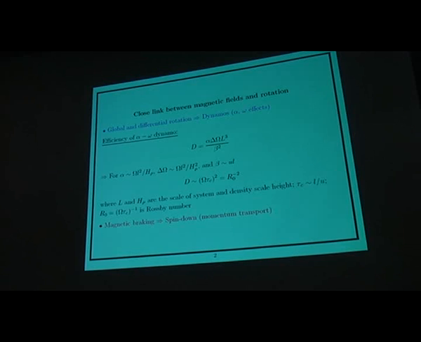So if you want to understand the evolution of the various different stars in this HR diagram, you really need to understand the link between these two processes. The evolution of the rotation is momentum transport, while the evolution of the magnetic field is related to the dynamo process.